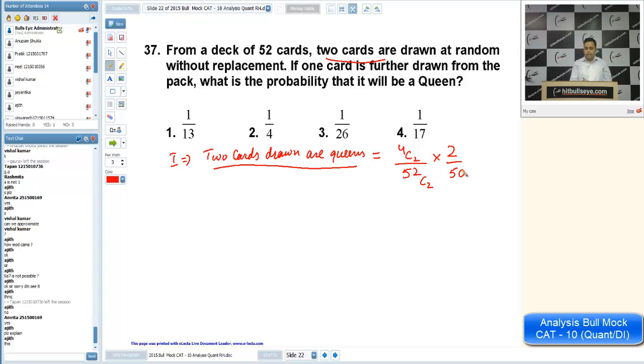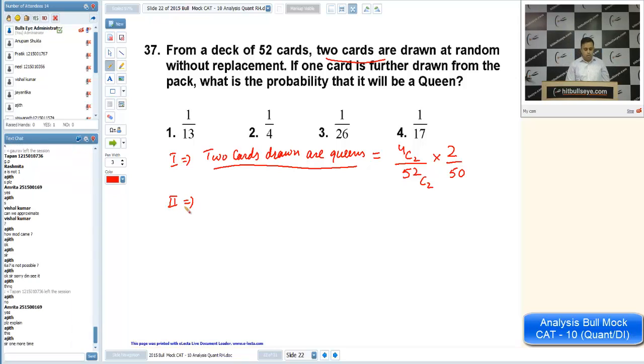Now the second case: among the 2 cards drawn, one is a queen and the second is not. Okay, Ajit, here I have taken the case when the first 2 cards which are drawn are queens. So the probability to get these 2 queens will be equal to 4C2 upon 52C2. We have a total of 52 cards, so in how many ways can you select 2 cards out of these 52? 52C2.